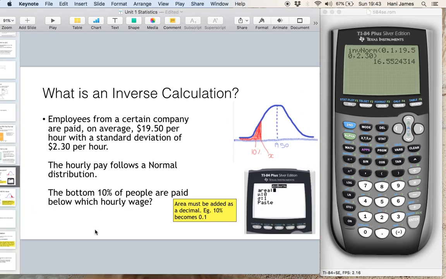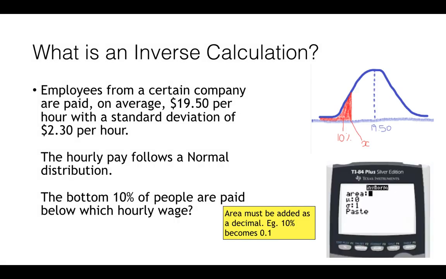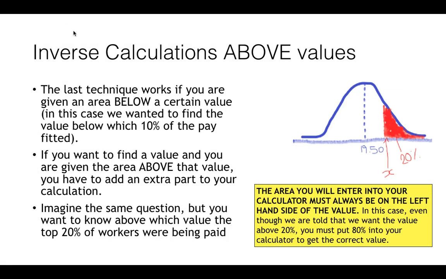Let's look at another example though, because we're looking here at area below, and that's not what they're always going to ask you. Sometimes they'll ask you area above. The last technique only works if you're being asked for area below a certain number.